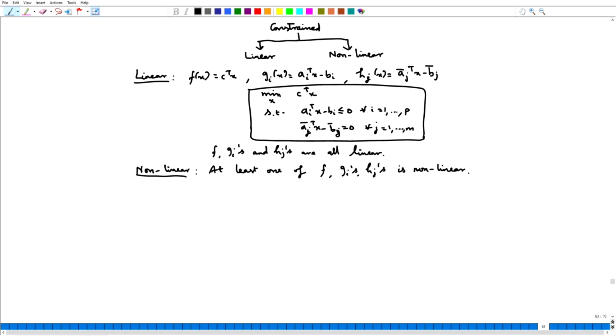When I started this lecture I mentioned that for unconstrained optimization we had a very nice method. We start with a point, figure out the descent direction and the step size, move there, figure out the descent direction and step size again, move over there, and keep doing that until we satisfy a stopping criterion.